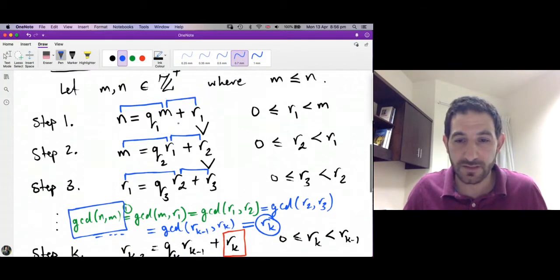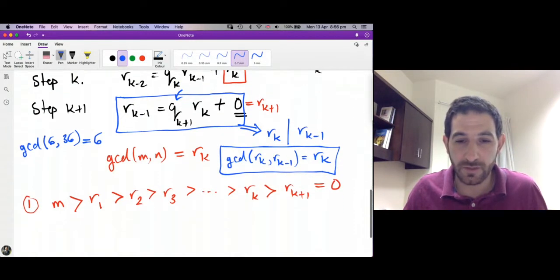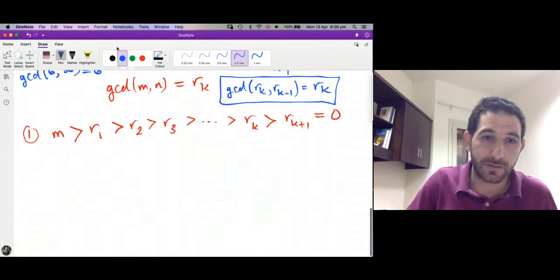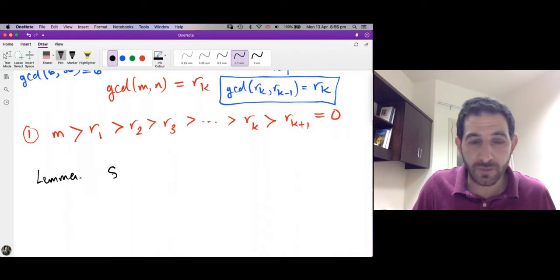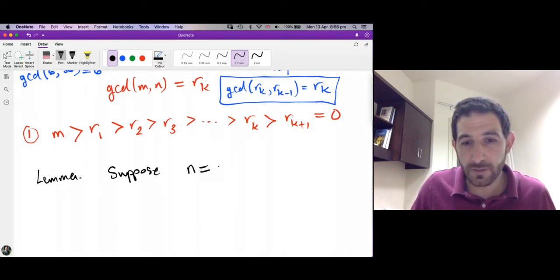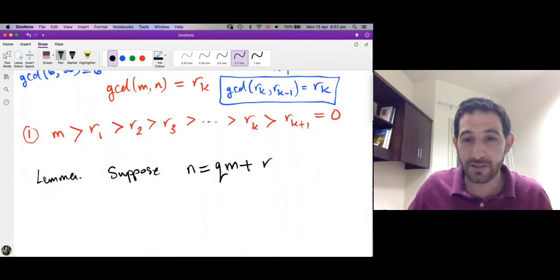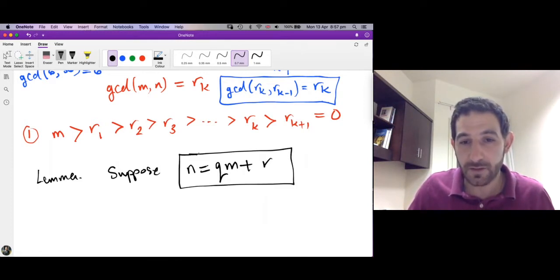Okay, so let's do a lemma here. Suppose we have 4 integers n, q, m, r, and n is equal to q times m plus r. So if you multiply q times m and add r, you get n.